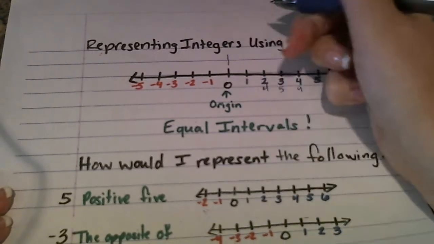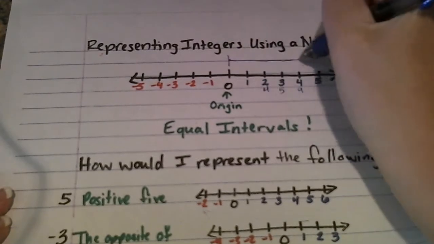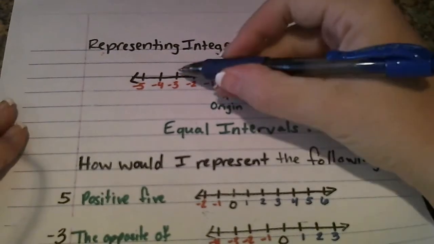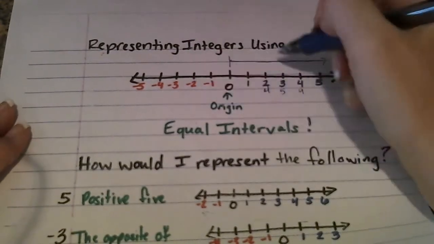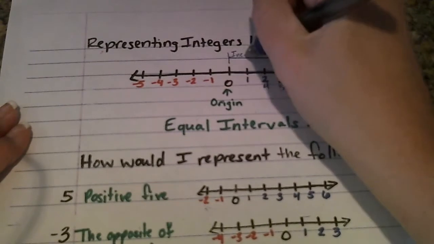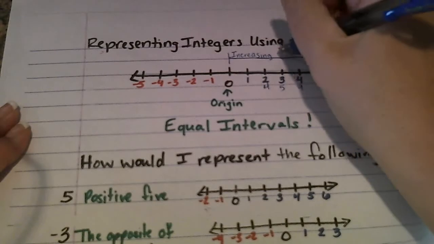As far as movement on the number line goes, if you are moving to the right on a number line, so if you're starting at 0 and you're moving right, or you're starting at one of these negative numbers and you're moving right, you are increasing in value as you move.